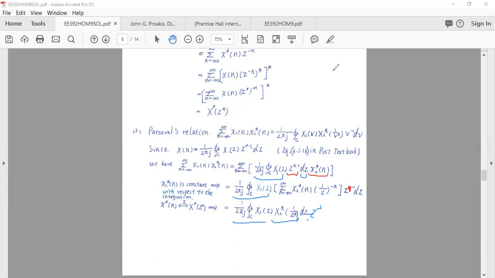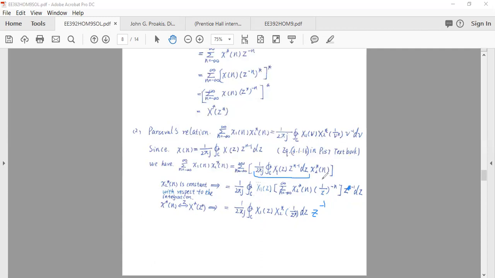Remember, there's an error in the solution. This final solution should have z to the power of minus 1, and then over here there shouldn't be any error, right? So the first thing is to rewrite x1 of n using the inverse transform definition, the contour integration formula. We can replace x1 of n in terms of x1 of z. So there we go over here.